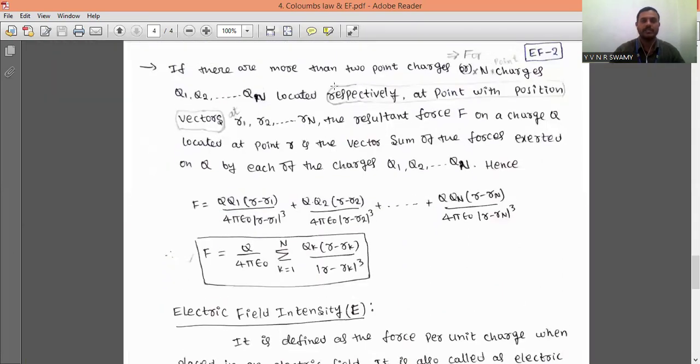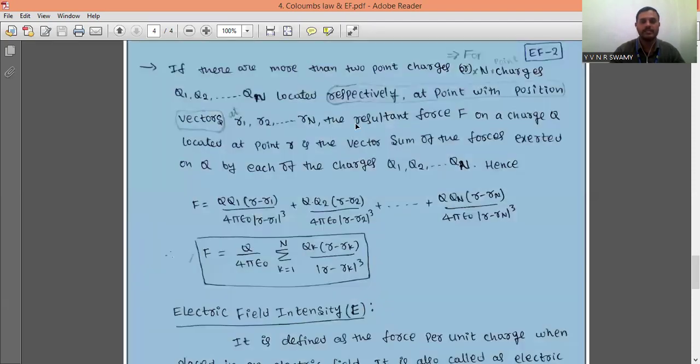Okay. So for n number of point charges Q1, Q2, ..., Qn located at R1, R2, ..., Rn, the resultant force F on the charge Q located at point R is the vector sum of forces exerted on Q by each of the charges Q1, Q2, and so on up to Qn.